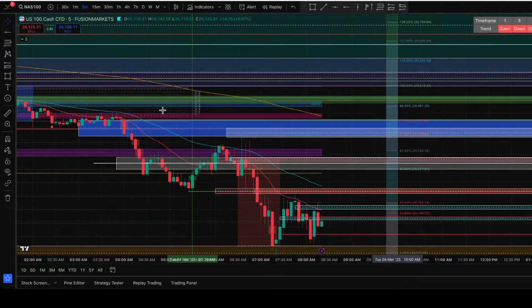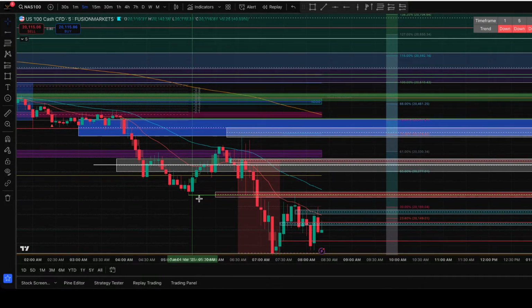This would have been a clean. See, this is the only thing that irritated me. I don't get FOMO anymore, but I can get irritated when I see the market come that close, because as soon as it had tapped here and gone under, that would have been the manipulation, and I would have rode that right into the blue zone. So I knew it was going to come back here.